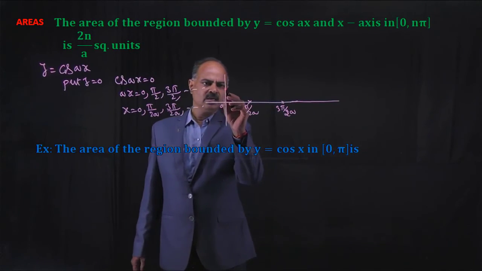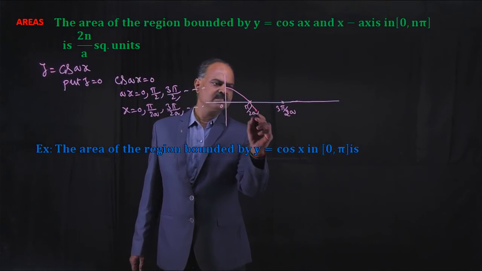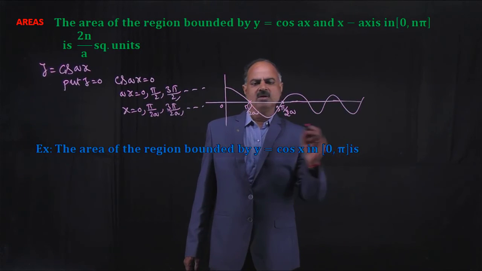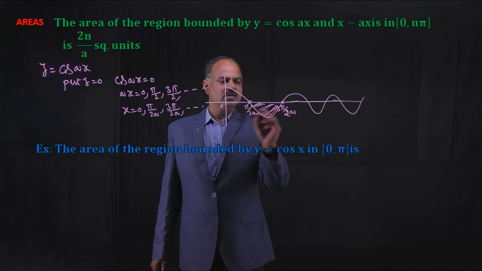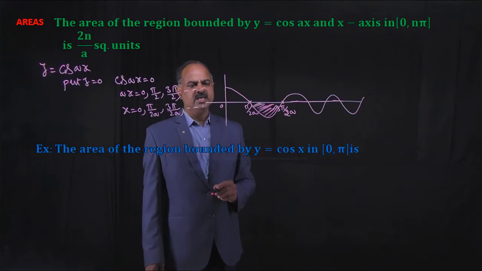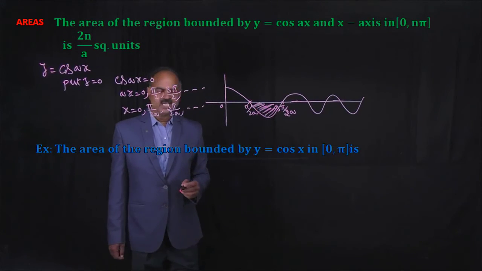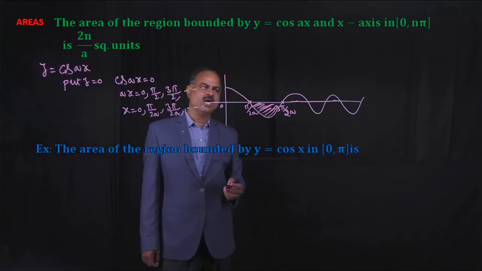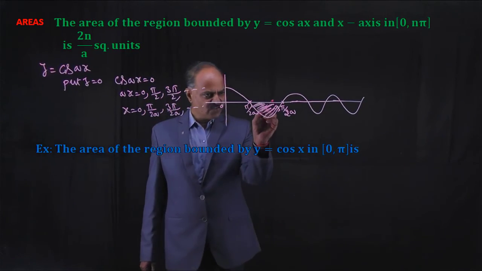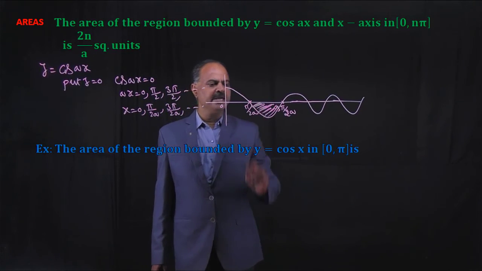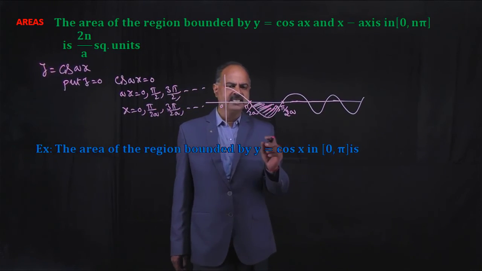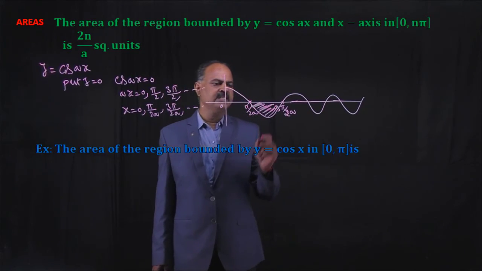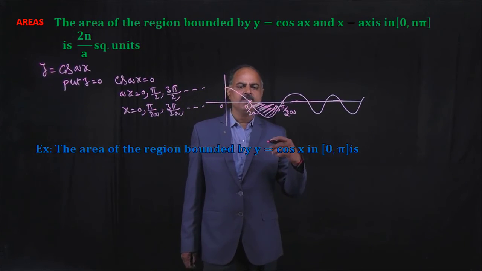So here is the graph of cos ax. Now I have to find the area of the region bounded by y equal to cos ax and the x-axis in the closed interval 0 comma n pi. So here, first find the area bounded by the curve y equal to cos ax and the x-axis between x equal to pi by 2a and x equal to 3 pi by 2a, and multiply with n.